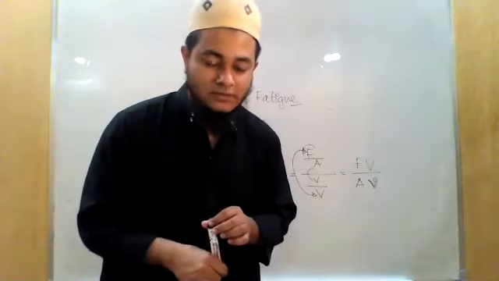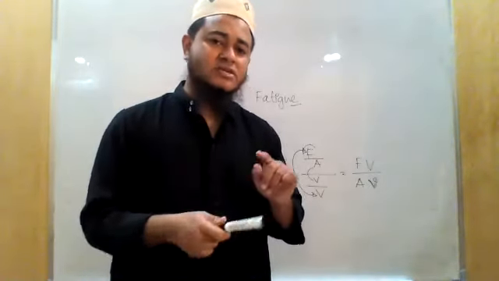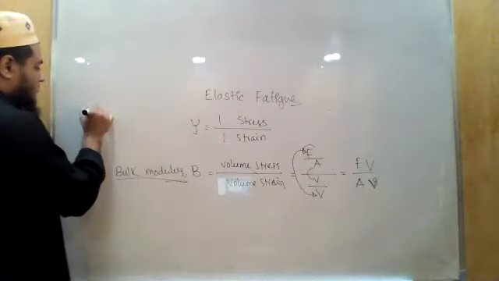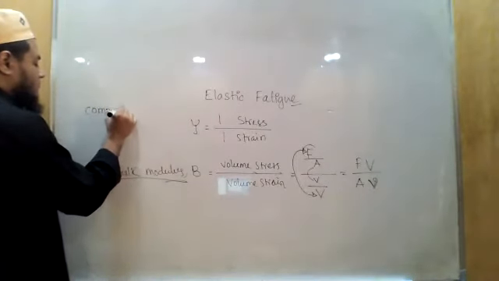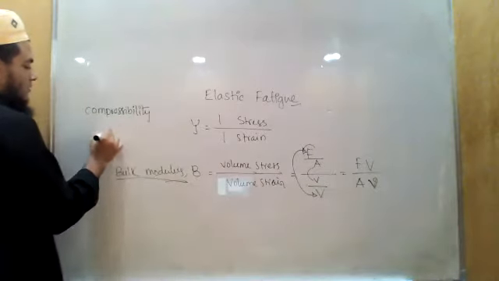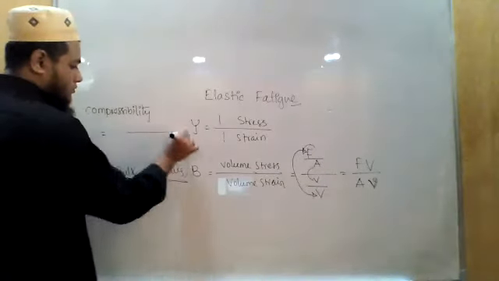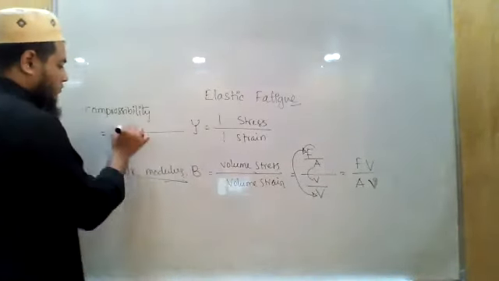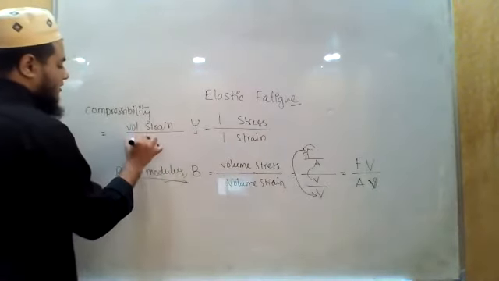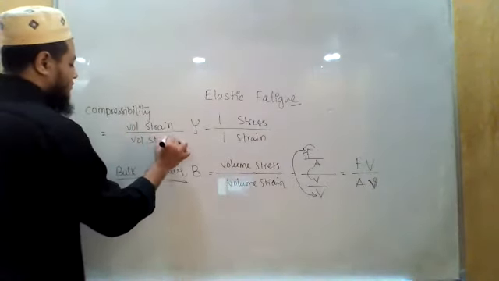What is compressibility? Compressibility is just the opposite of bulk modulus. Compressibility is equal to volume strain divided by volume stress.